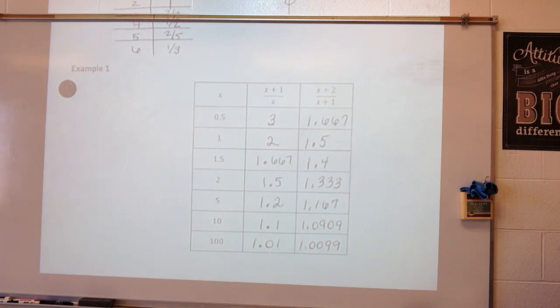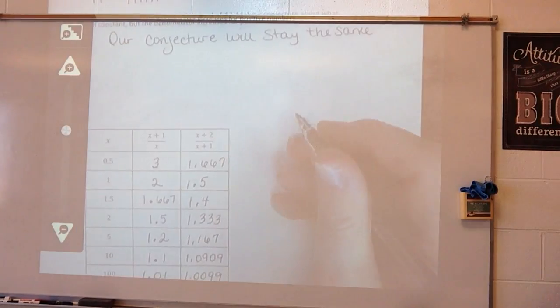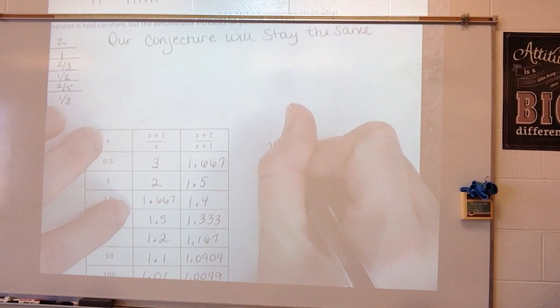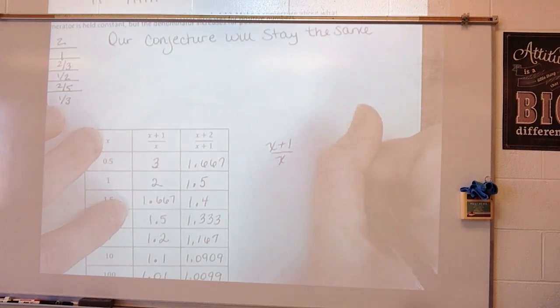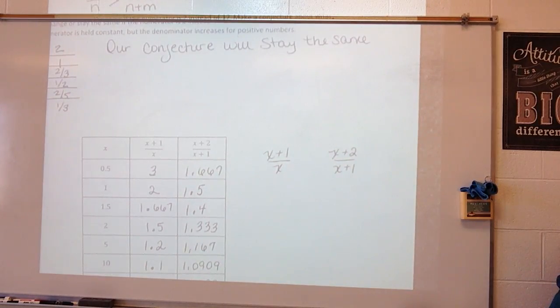No. Here's the nice thing about this. Well, you can say we have to find a common denominator. But let me show you what we can do. So I want to compare (x plus 1) over x and (x plus 2) over (x plus 1). All right?